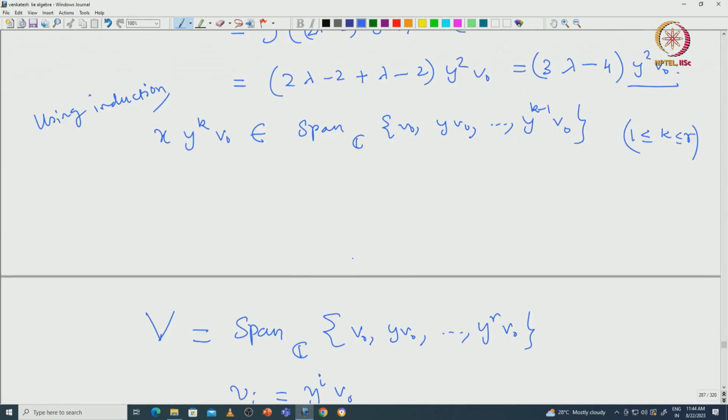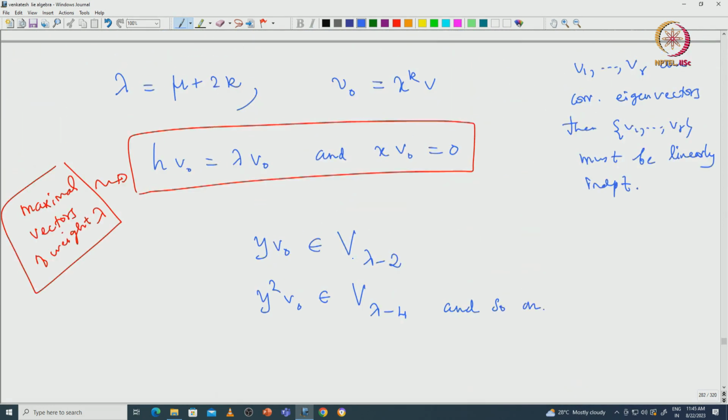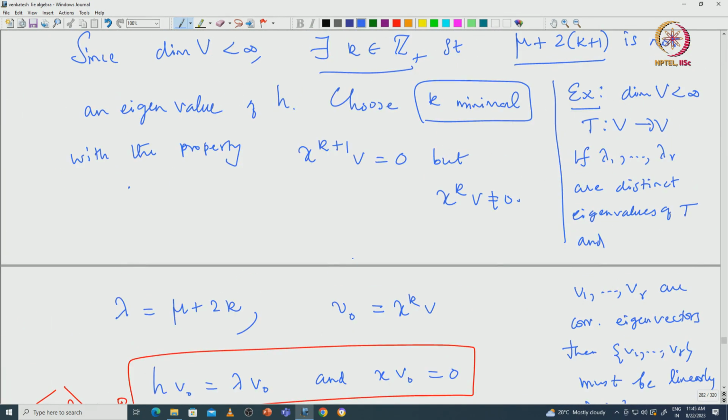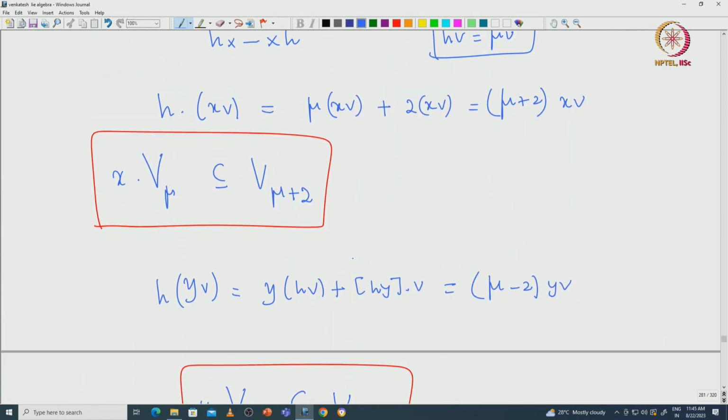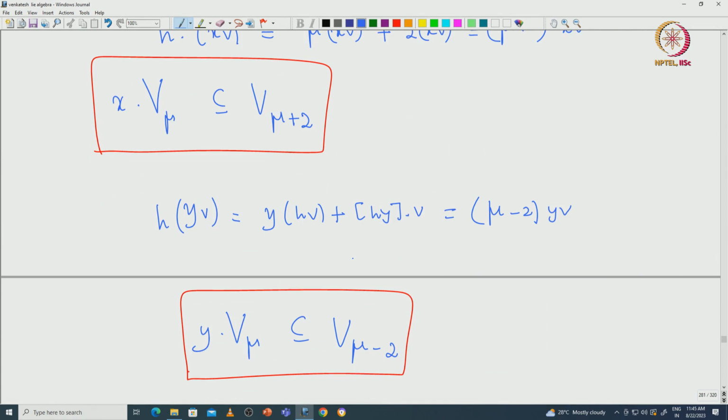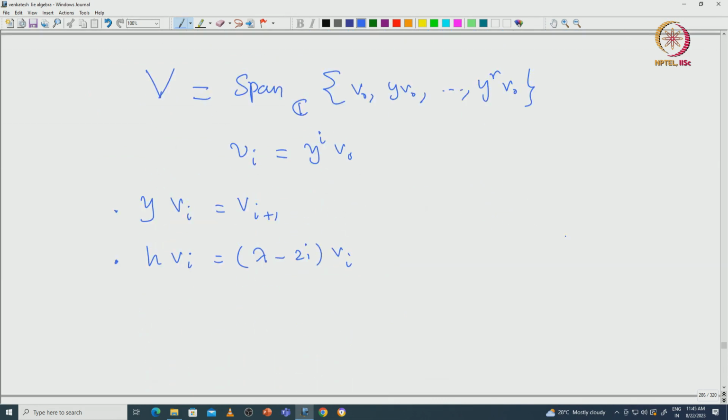So, sorry, if we just go back to the computation, what we actually saw, h y v will be just mu minus 2 y v, that is correct. So, that means this h v I will be just equal to lambda minus 2 I v I, and what will happen to x, again from the earlier computation you can guess the formula.